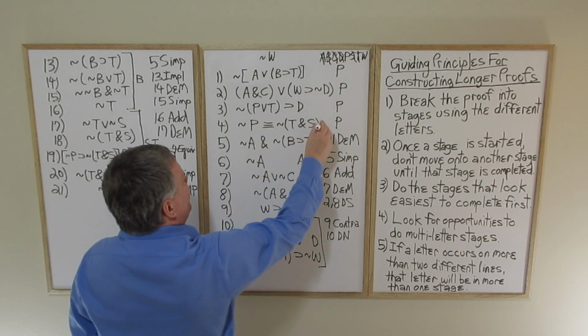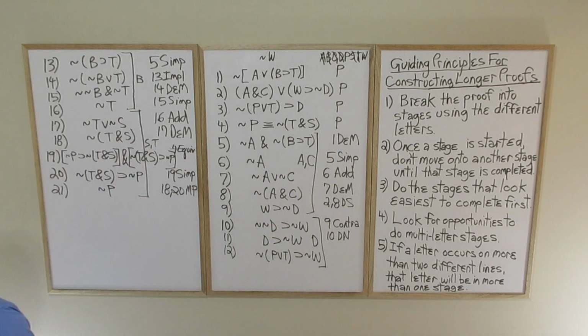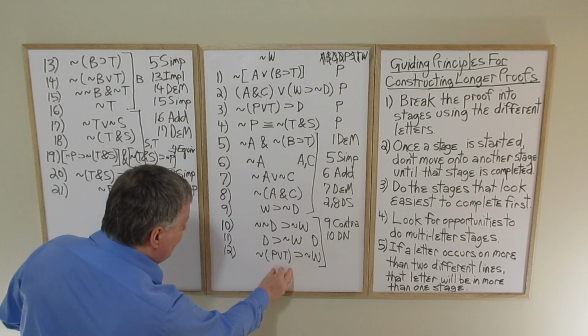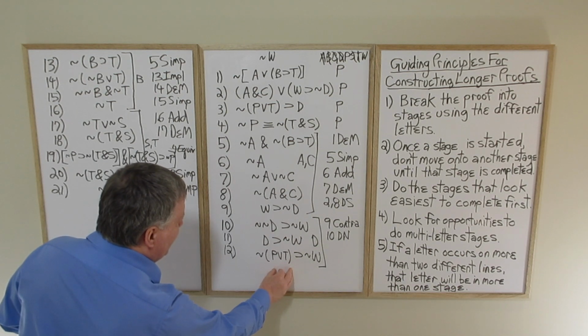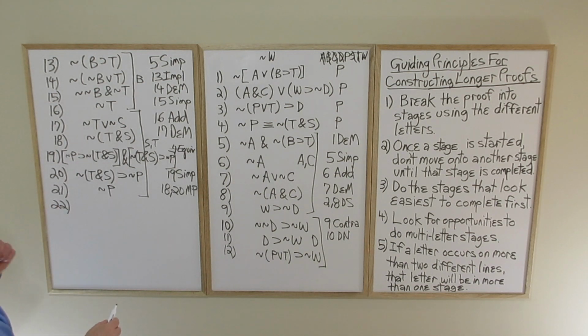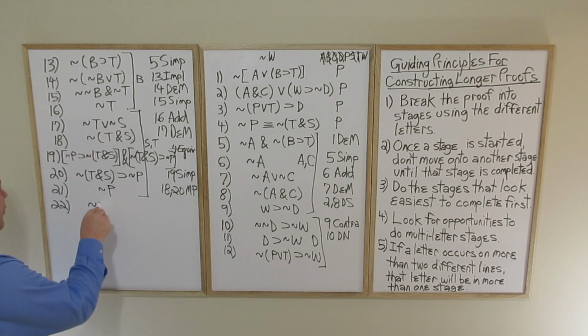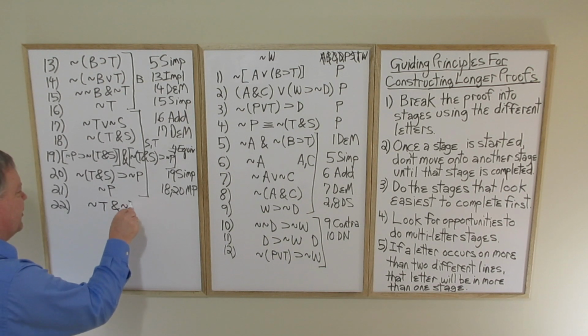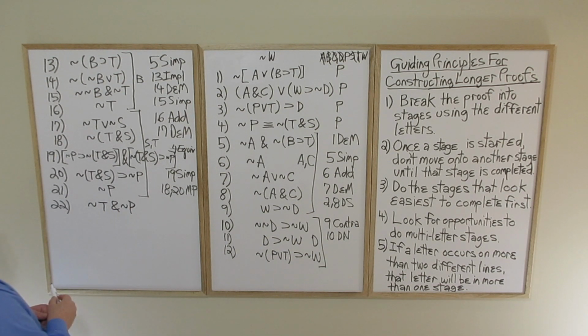There's also T-related information in the fourth premise. So what we want to do is get tilde P or T, and that'll give us tilde W. Again, if you're familiar with the rules, that'll be a fairly straightforward procedure.